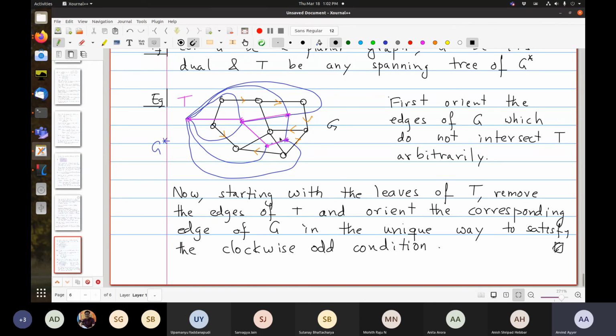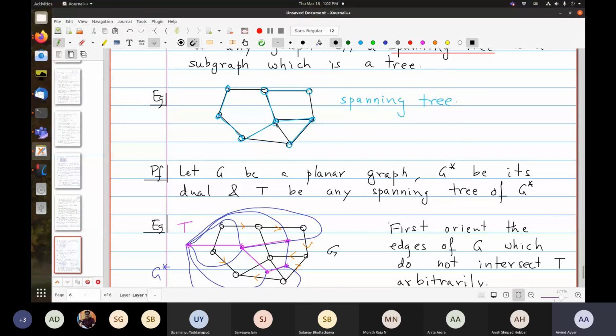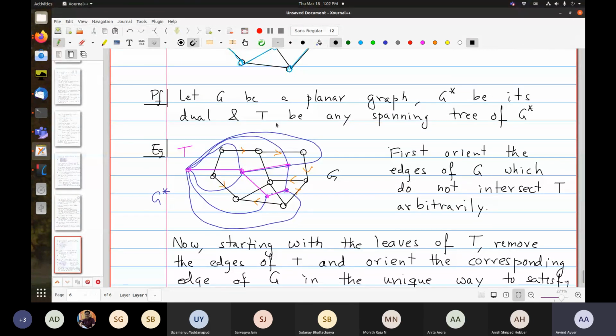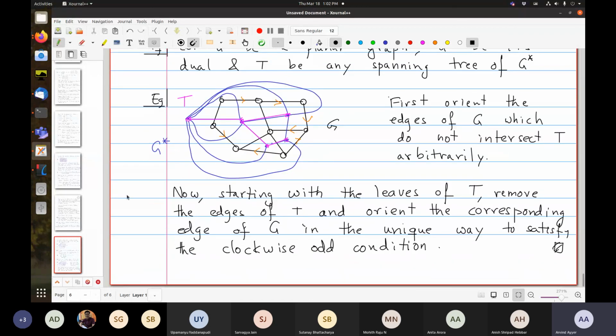So let's go one at a time. Let us look, for instance, at this. One can also look at the outer face, but it's simpler to look here. So look at this leaf of T. By the way, if I didn't say, a leaf is a vertex with degree 1, which has only one edge.